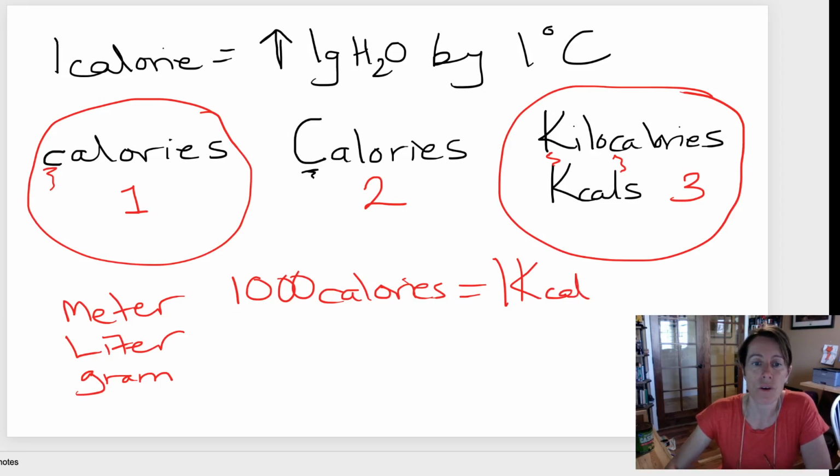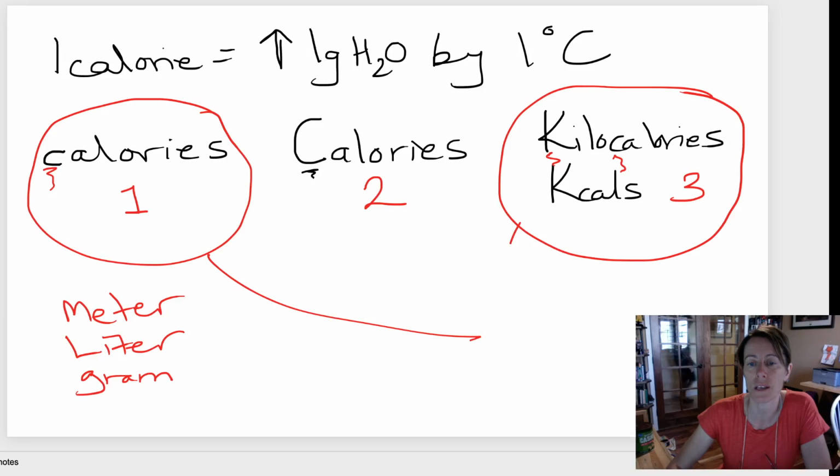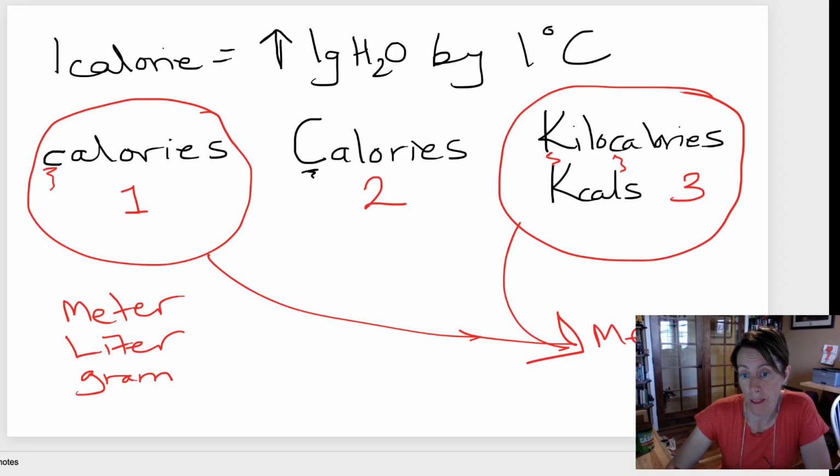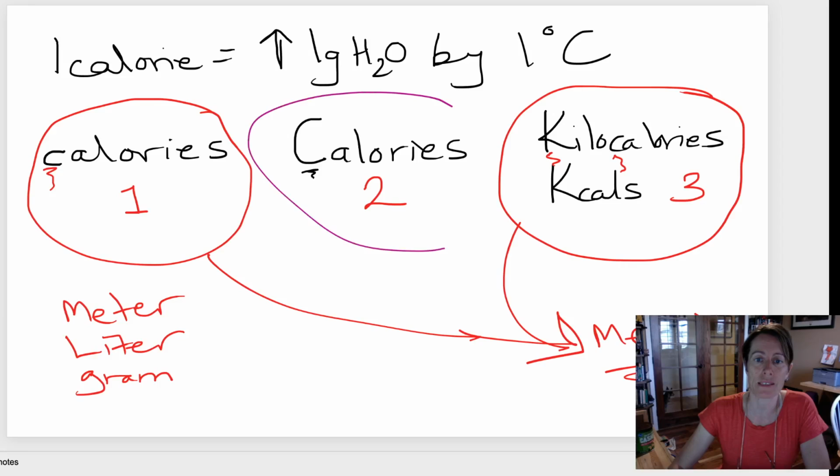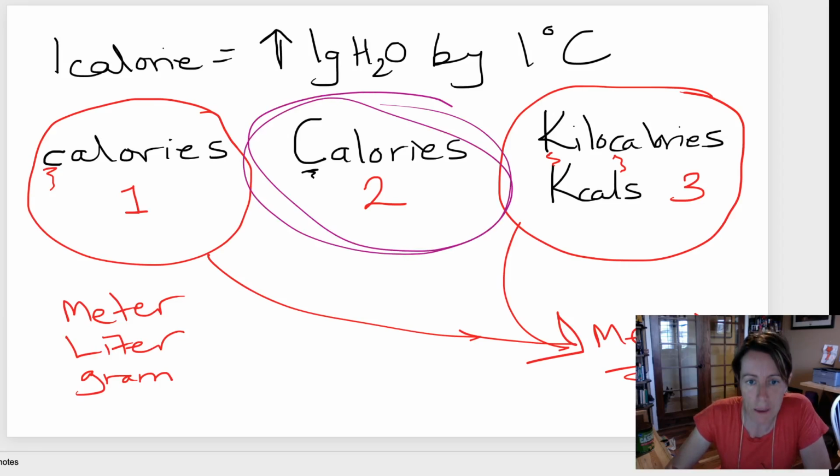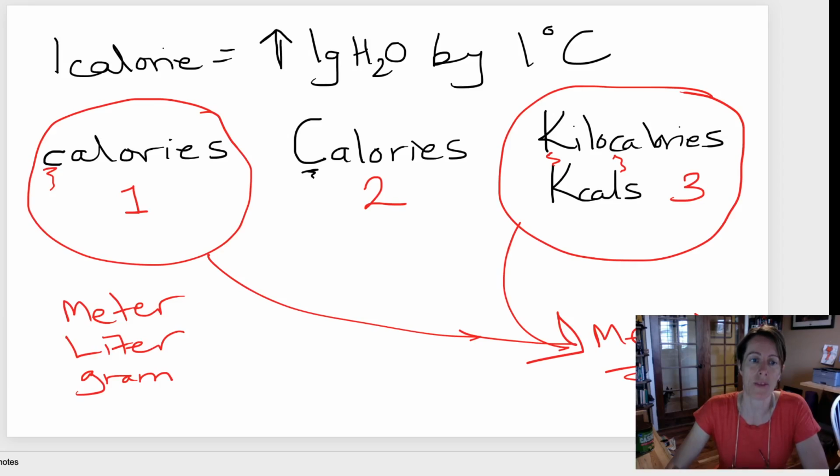So really, if we were going to summarize these together, this one and this one basically are the same, they're the metric units. But we have this weird one in the middle, the uppercase C calorie. What is number 2? All right, so let's talk about that now.